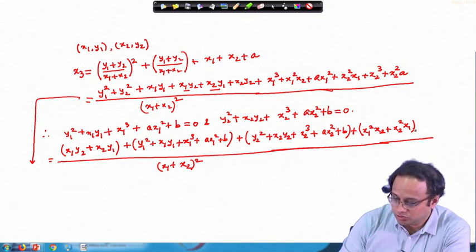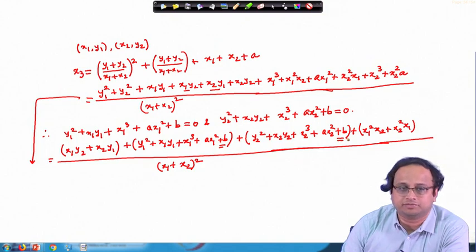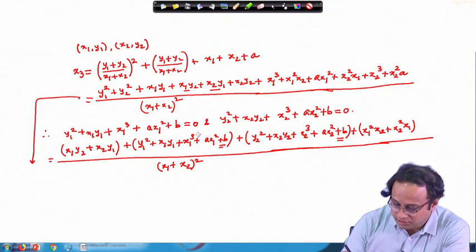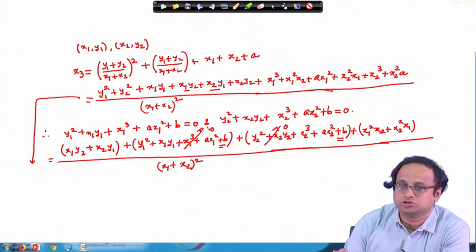Okay, so you can note that I have just added a b here, and I have also adjusted the b here. Because they are characteristic 2, we can do that, and this part and this part are both 0.